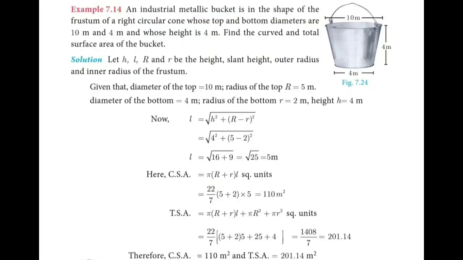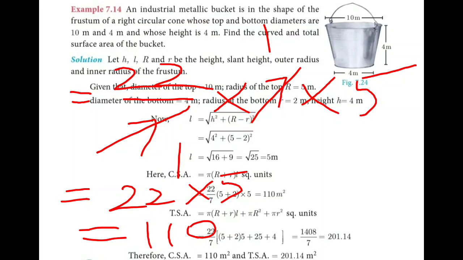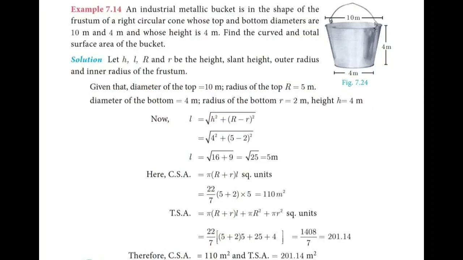Then 22 divided by 7 into 7 into 5. Then 7 and 7 cancel. Then 22 into 5 is 110. Therefore, CSA of the metallic bucket is equal to 110 meters squared.